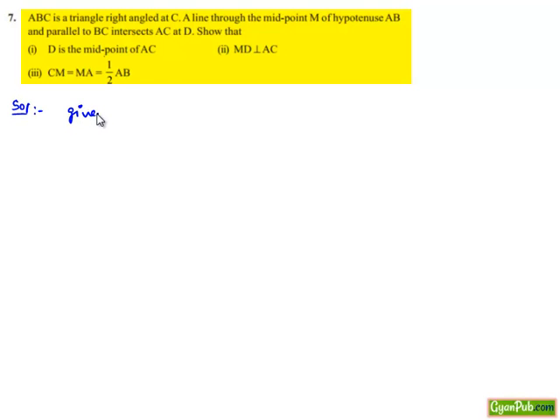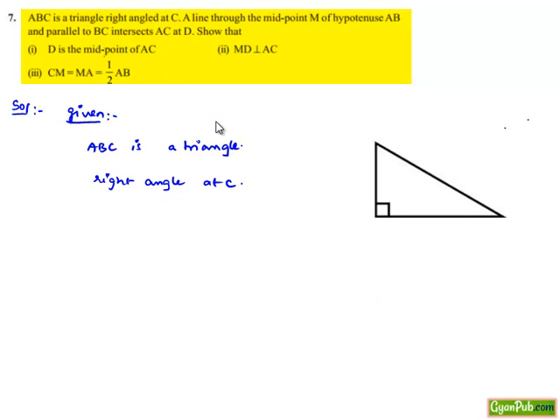Given that ABC is a triangle, right angled at C. Now here let ABC be the given triangle according to the given information.